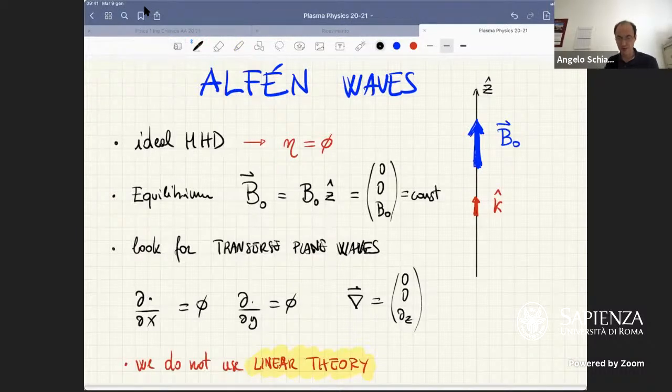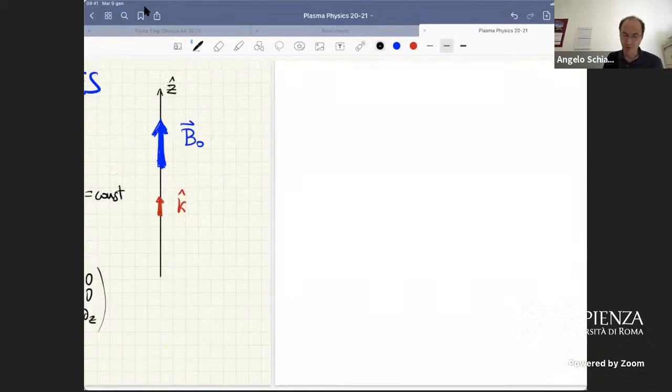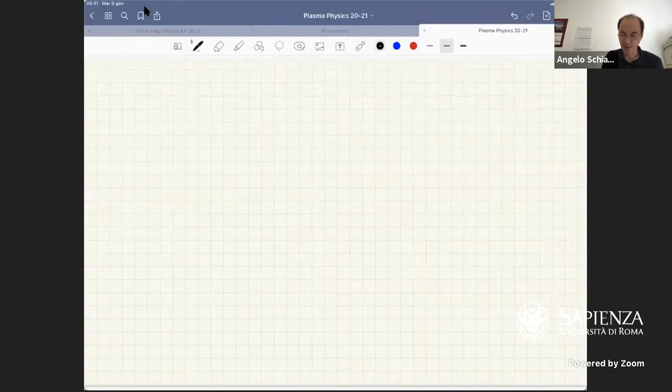So we don't use the linear theory, but what we require, for instance, is another of our assumptions, that the fluid is incompressible. So we use incompressible fluid.